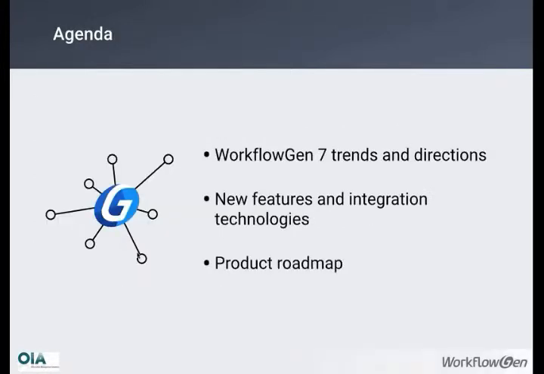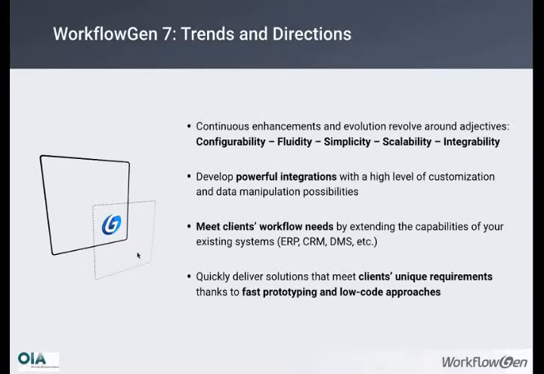Just a few words about the WorkflowGen 7 trends and direction, and the new features and integration technologies. We tried to continue the enhancement around the adjectives: configurability, so make things simple, very configurable, fluid; scalable, which means that you can use WorkflowGen on a single production server or on a web farm, so you can manage load balancing with WorkflowGen; and integrability, for full integration.